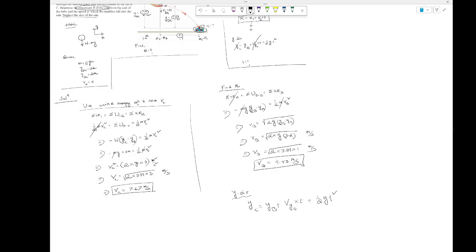Now I did explain it already, so this will be 0, and then you have this YB, actually you can write it YBC as well, right? So YBC is 2, we know that from the sketch, and this is 0 here. This is half of 9.81 meter per second square multiplied by t square, right?